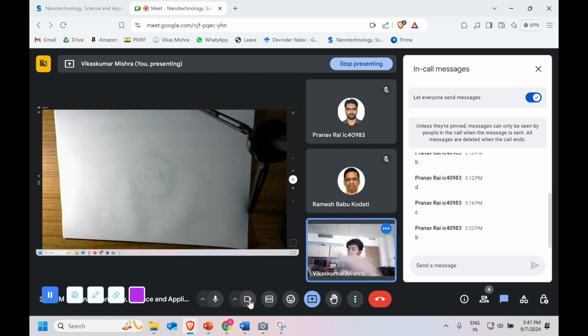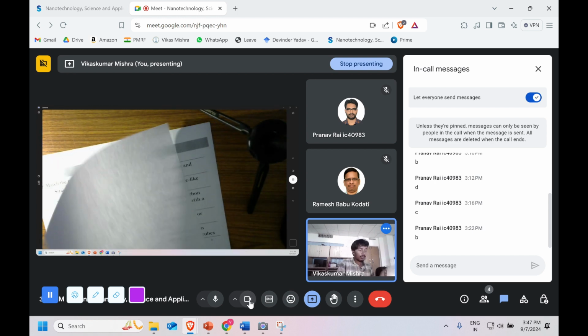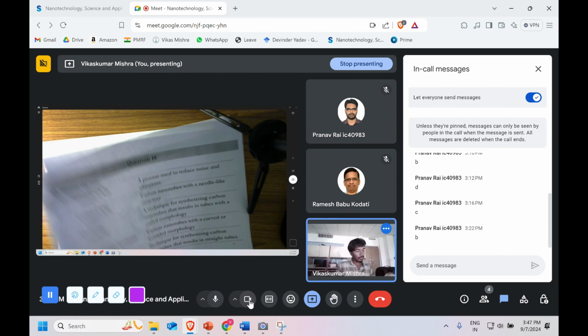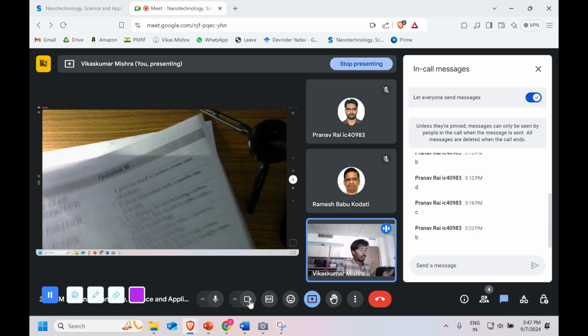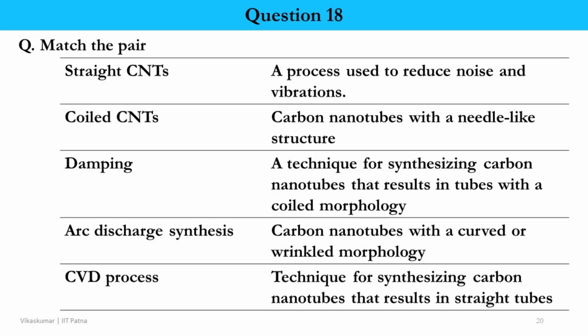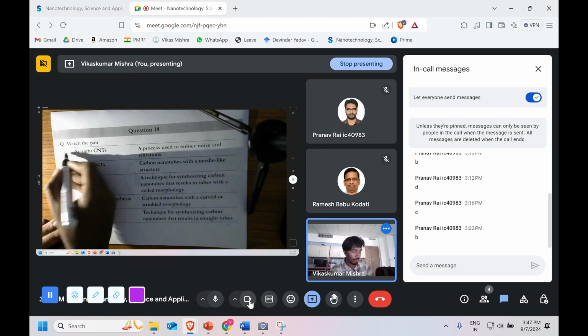Again, the answer is B only. I repeated the question. Let's go with 18, 19, and 20. Three more questions I am having. Let's try to solve them.